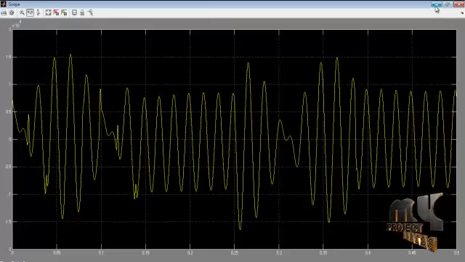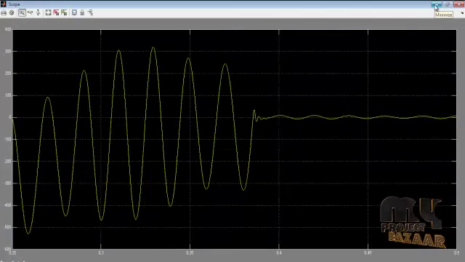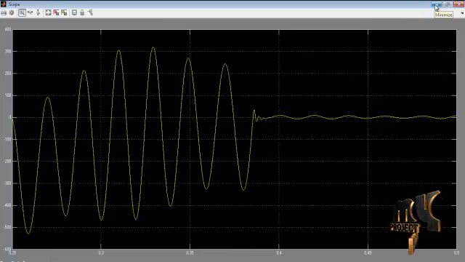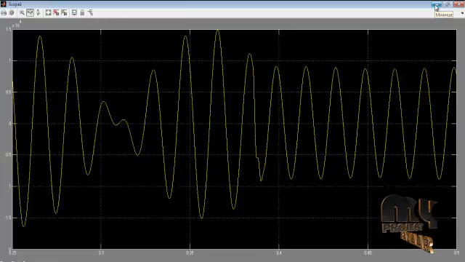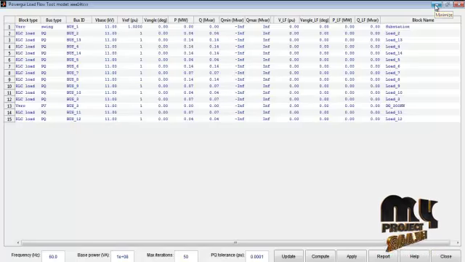Next is the output of the TCVR voltage, and this is the output TCVR current waveform. And next is the output voltage waveform for TCVR in each phase. And this is the load flow analysis using load flow measurements.